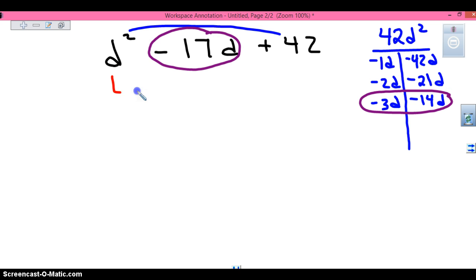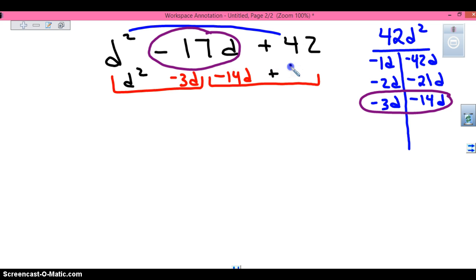Now we can set up our grouping bracket, and we can plug in negative 3d, negative 14d. We're going to pull down d squared, and we already have this minus in front of 3d. Pull down the 42. Now we're ready to factor out each of our groups.